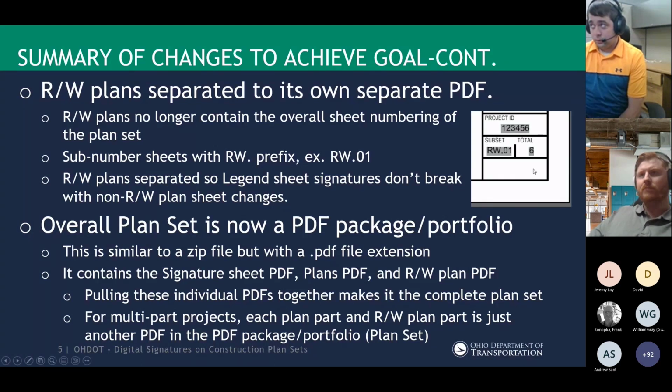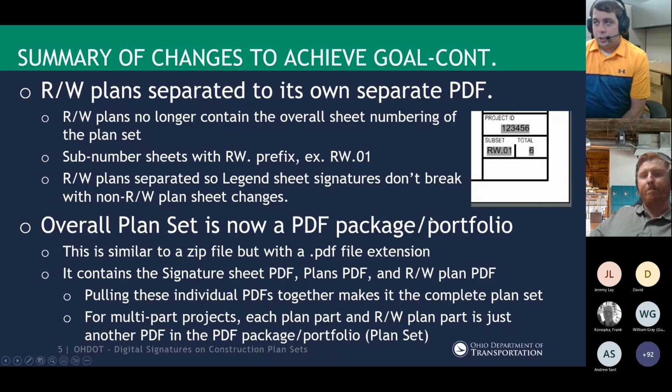So you see there's a little screen grab where the last bottom part is just blank. We also indicated to add a prefix OHDOT to the subset. And don't forget, you still would have to call out the right-of-way on the title sheet, right? It's still part of the plan, so it still needs to be called out on that title sheet.